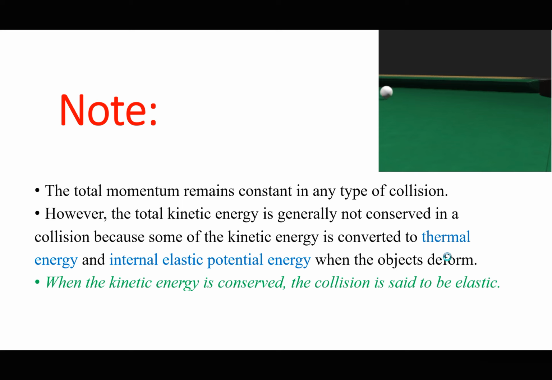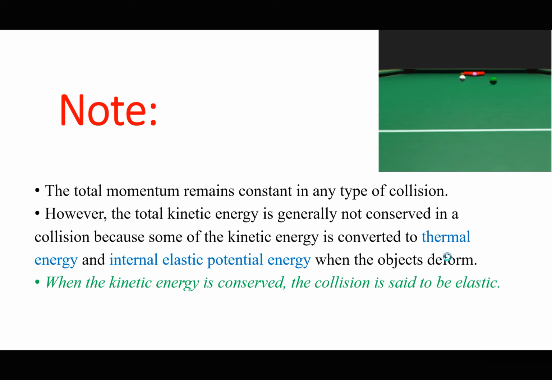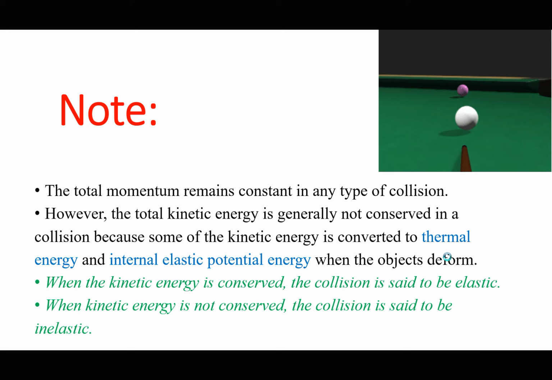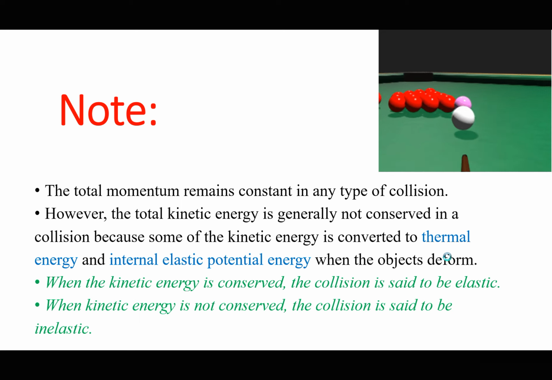If kinetic energy is conserved after already conserving momentum, the collision is elastic, and if kinetic energy is not conserved, the collision is inelastic. So conservation of kinetic energy always helps us distinguish between elastic and inelastic collisions. Of course, momentum has already been conserved either way.